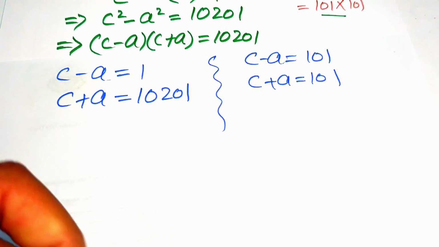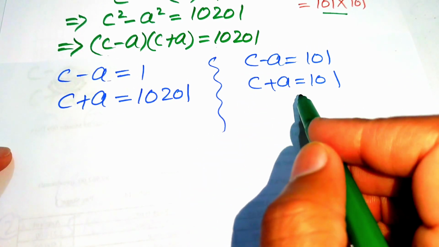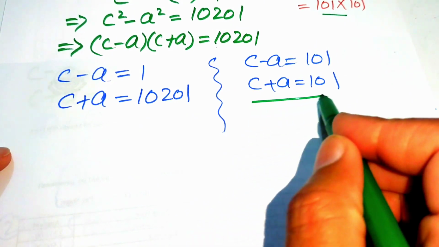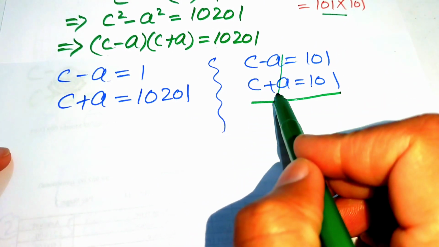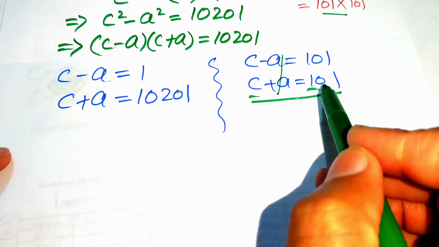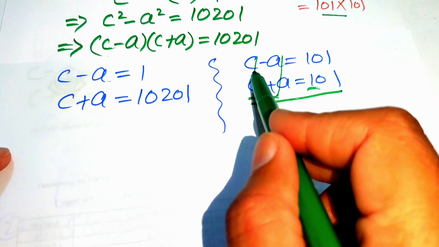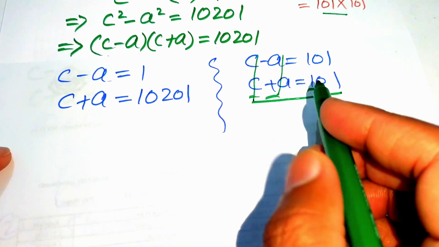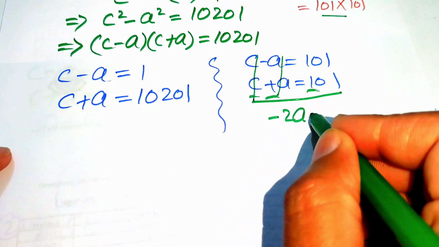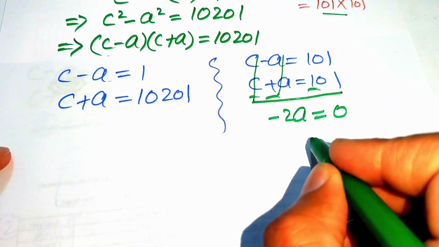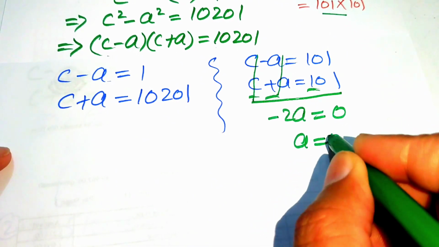So here first we discuss this case, and in this case we add these two equations and you see here the negative and positive cancel each other. So here we subtract these two values, and you see these cancel each other, and we add these two values and you get minus 2 times a equals 0, and we have a equals 0.